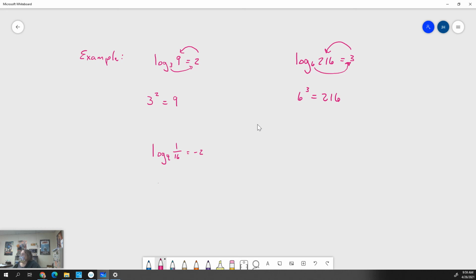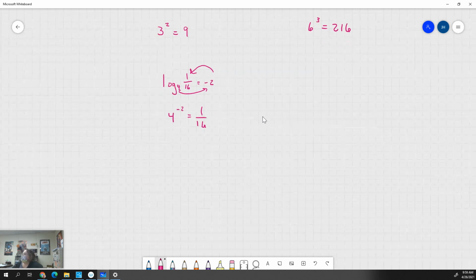It's still going to solve first, last, middle, right? This right here raised to this equals this. Feel the momentum with that? So like I said, none of this is particularly hard. It's just learning the rhythm that goes with it.